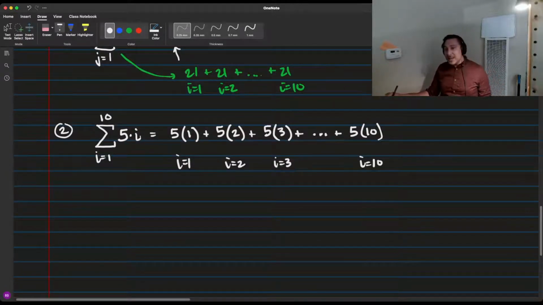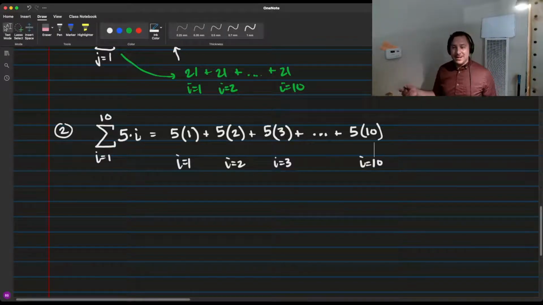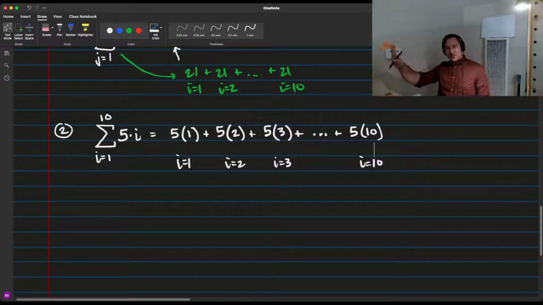Okay, now just looking at all of this addition, what could you do to simplify and more easily compute the answer? If you look at all of those terms, what do they all have in common? Boom, yeah.